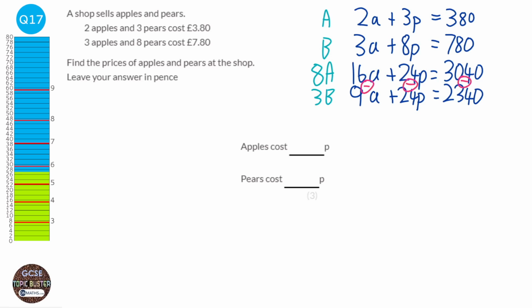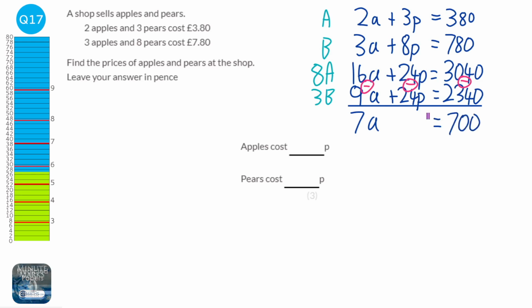I can do a little line here to show what we're doing. 16a take away 9a will be 7a. 24p take away 24p is nothing, which is why we did that, to eliminate them. And then 3040 take away 2340 will be 700.